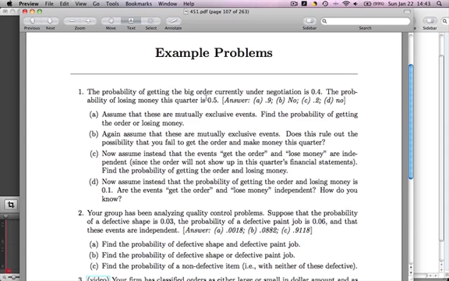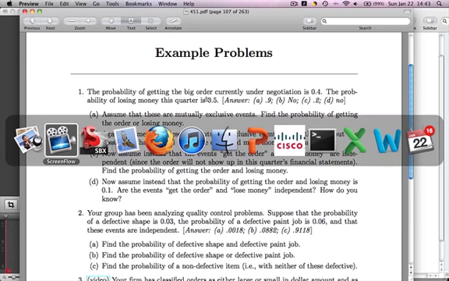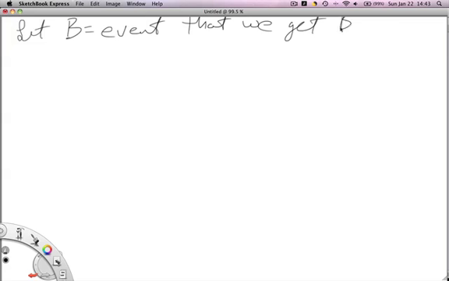First thing you usually want to do with these is to write down what you're told and clearly identify the events. So let's go over to the whiteboard here and write down what we've been told. Let B equal the event that we get the big order.